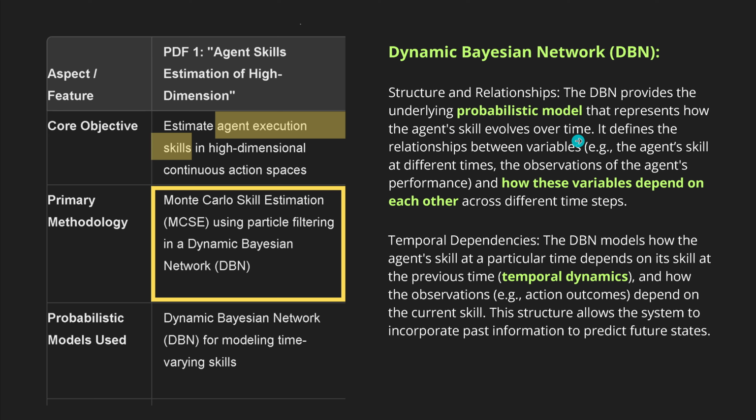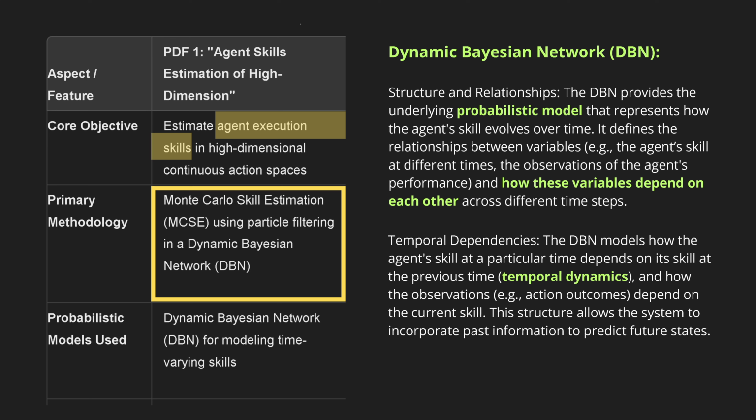Let's say the agent is learning, the agent has some experience, the agent makes a wrong decision, notices that this is the wrong one, goes back on the decision and chooses another decision. It chooses another path into the future. So you see, this defines the relationship between the variables. These are the agent's skills at different times and the observation of the agent's performance.